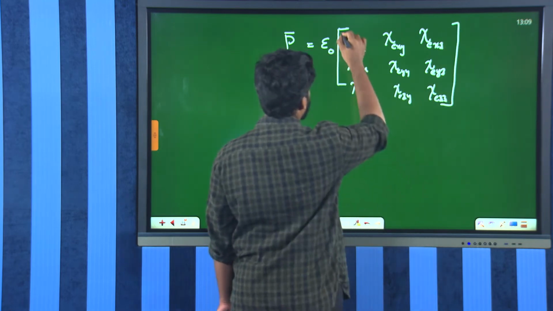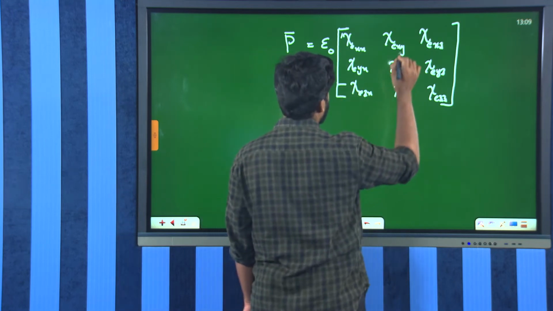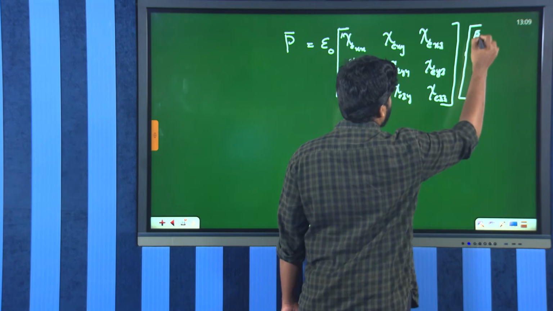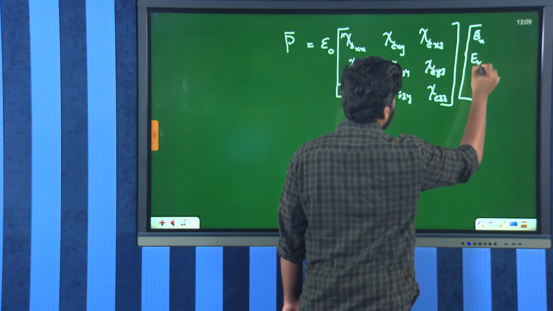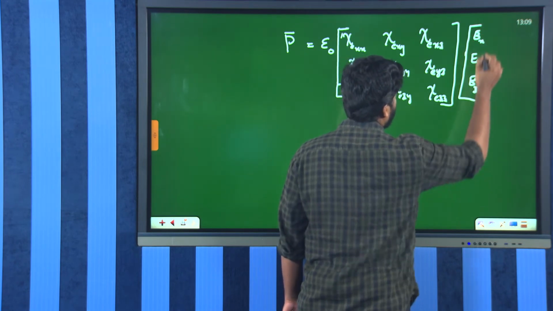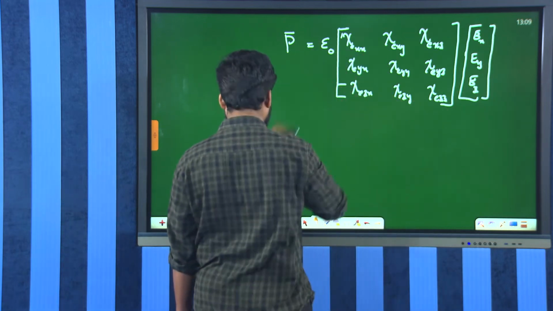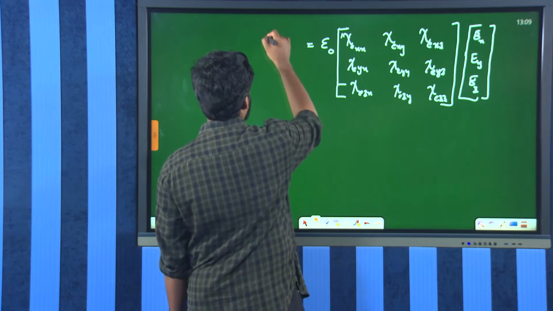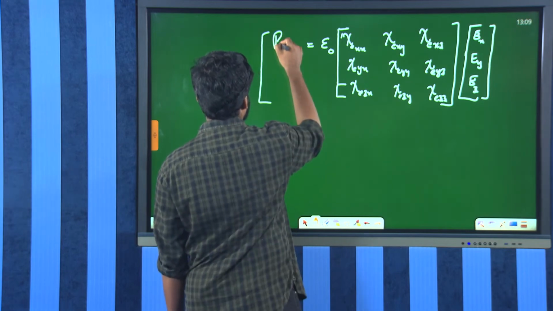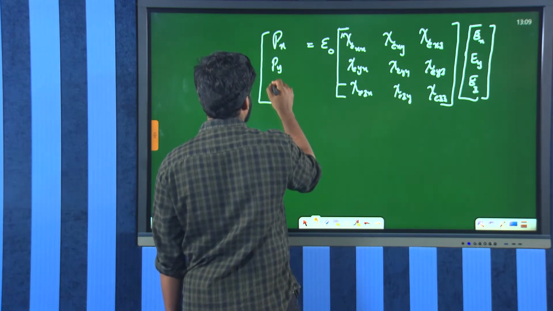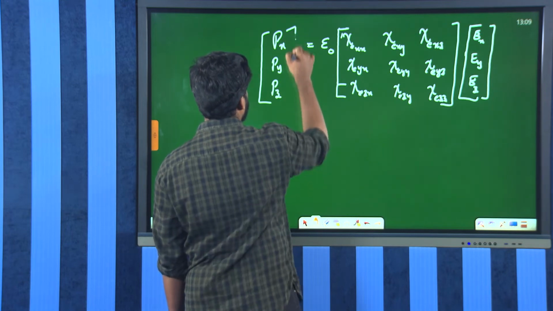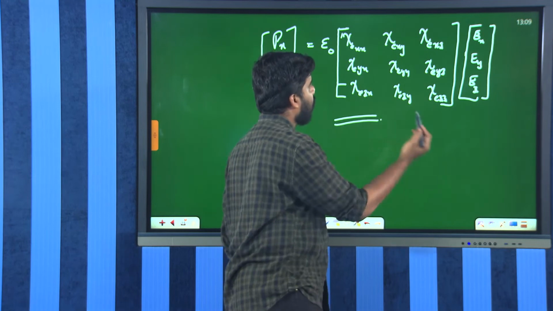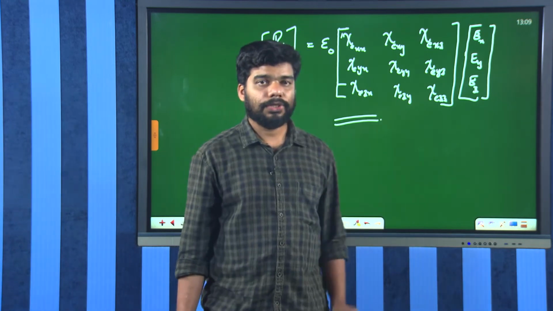This is the susceptibility tensor matrix, which multiplies epsilon 0 into Ex, Ey, and Ez. Similarly, I have to rewrite this P as Px, Py, and Pz. So, this is for an anisotropic medium.